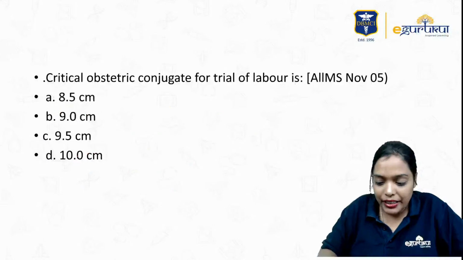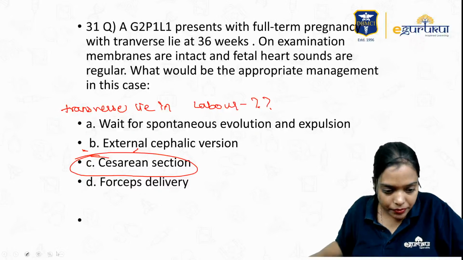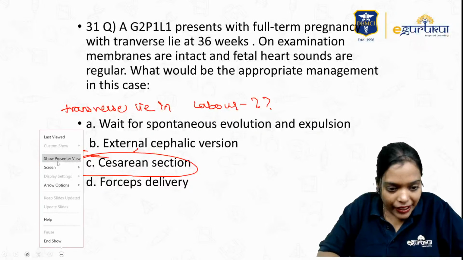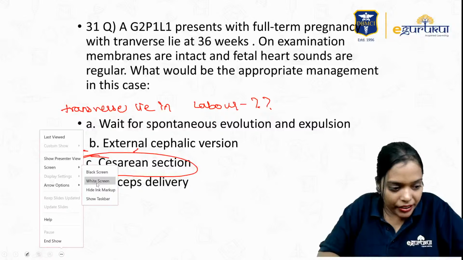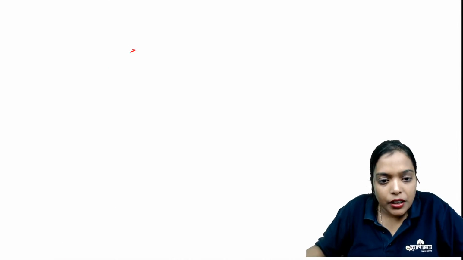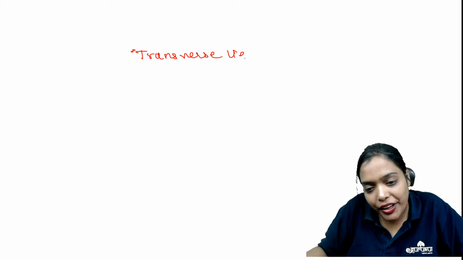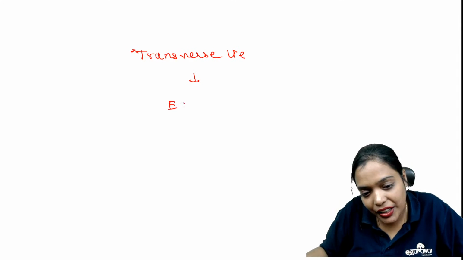So to summarize, very good, excellent. All of you are answering correct. Whenever you have transverse lie, always first try ECV from 36 weeks till term.